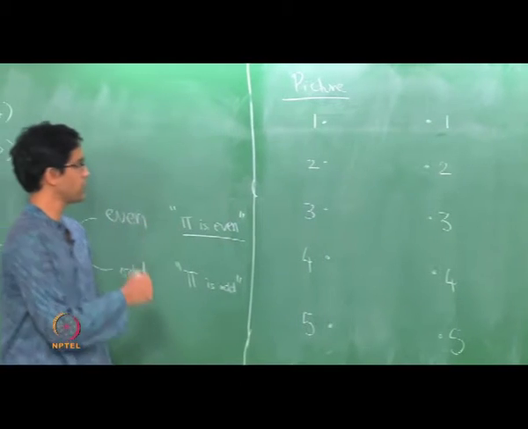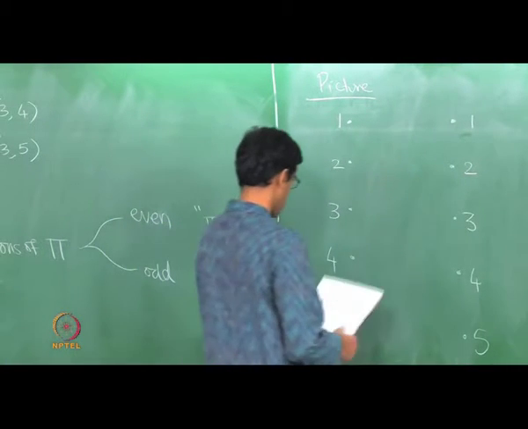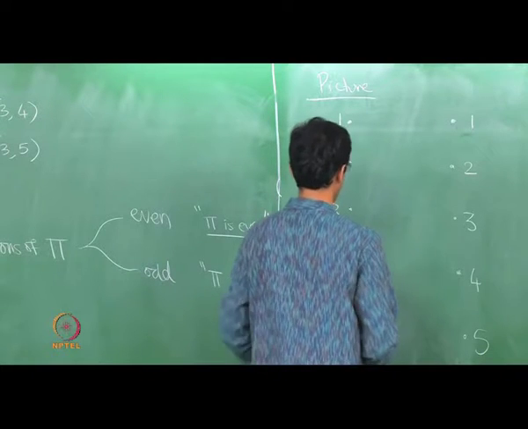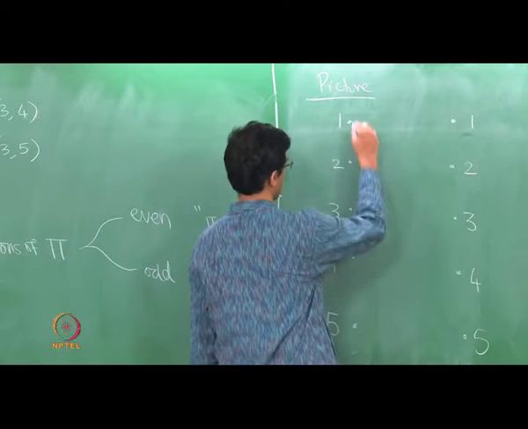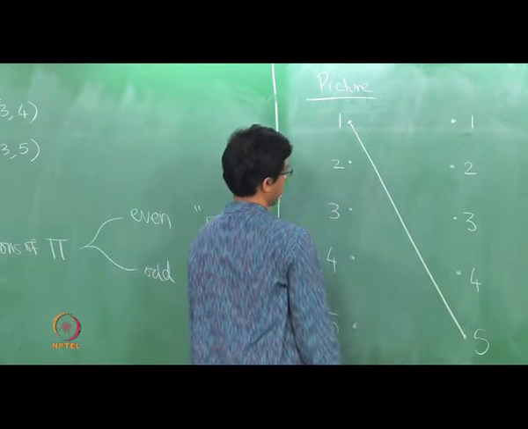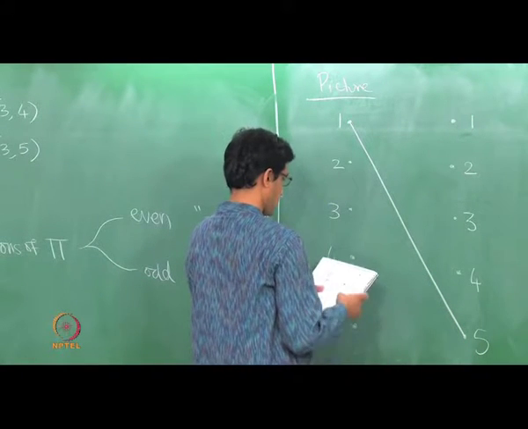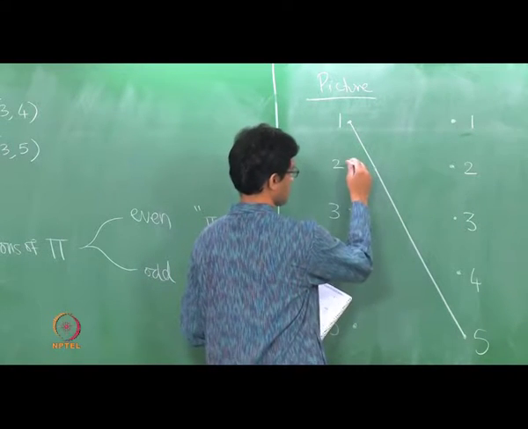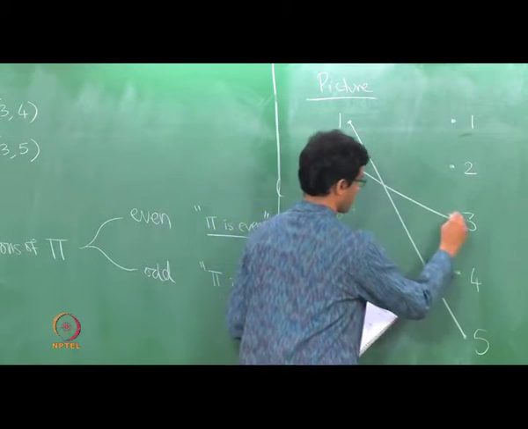What does pi do to each number? Pi maps, as we just said, 1 to 5. I will draw it as close to a straight line as I can. What does it do to 2? It maps it to 3.